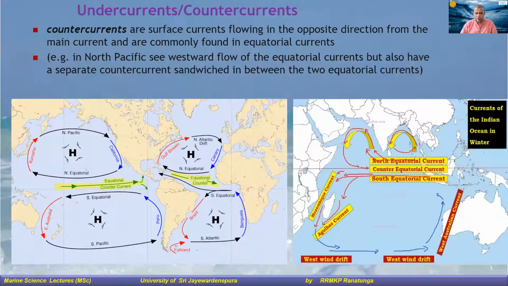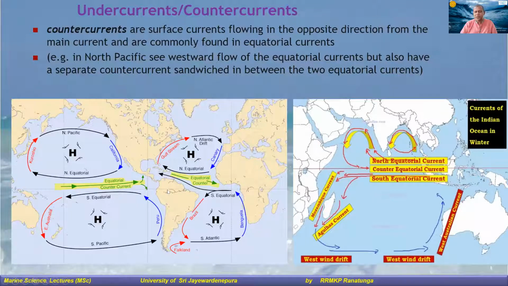Now, if we go back to the previous thing, like the Indian Ocean, the ocean currents here. The movement in the northern hemisphere we see from east to west, more or less, and in the southern hemisphere also there is a movement from east to west, but in between you can see there is another current going in the opposite direction.